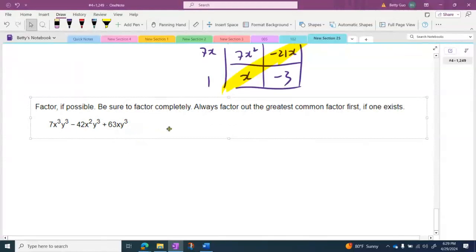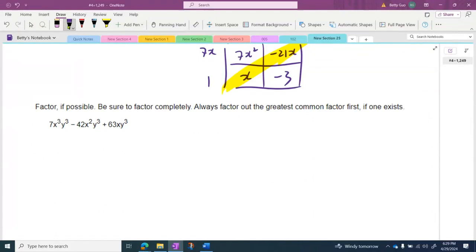Factor if possible. Be sure to factor completely. Always factor out the GCF first if one exists. It does exist. 7x cubed y cubed, negative 42x squared y cubed, 63xy cubed. So it looks very complicated, right? That is a sign that we need to factor out the GCF.